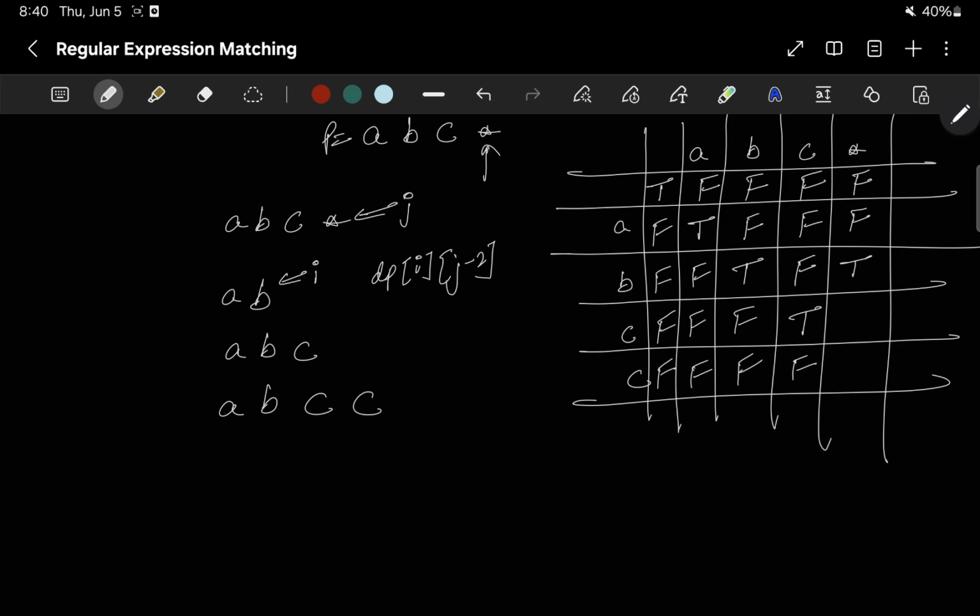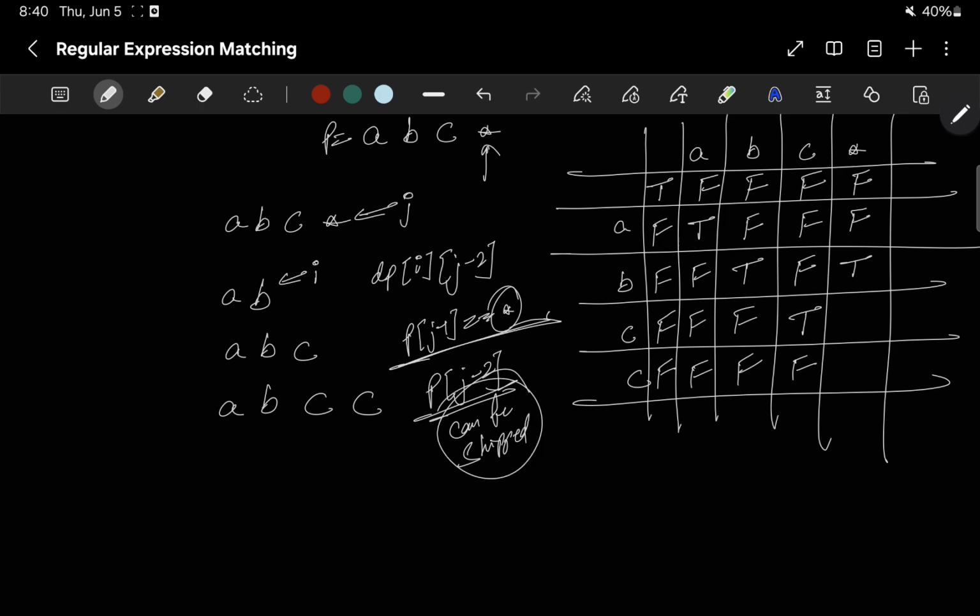I is here, J is here, but we know that since P of J minus 1 is a star, we know that the character at P of J minus 2 can be skipped. I'm not saying that we must skip it. It can be skipped. So what we want to check is if we are actually skipping it.